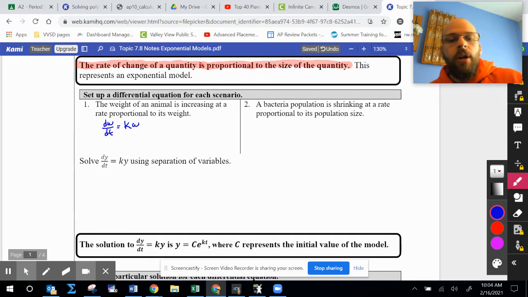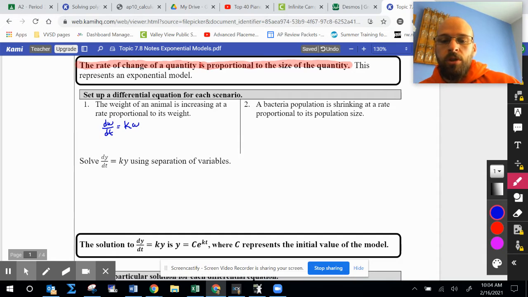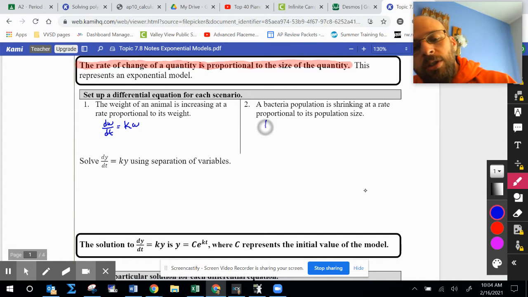So that would be my differential equation. For number two, same idea. It says a bacteria population is shrinking at a rate proportional to its population size. So I'm going to say dB over dt is going to equal k times the population size, which would be just the number of bacteria.